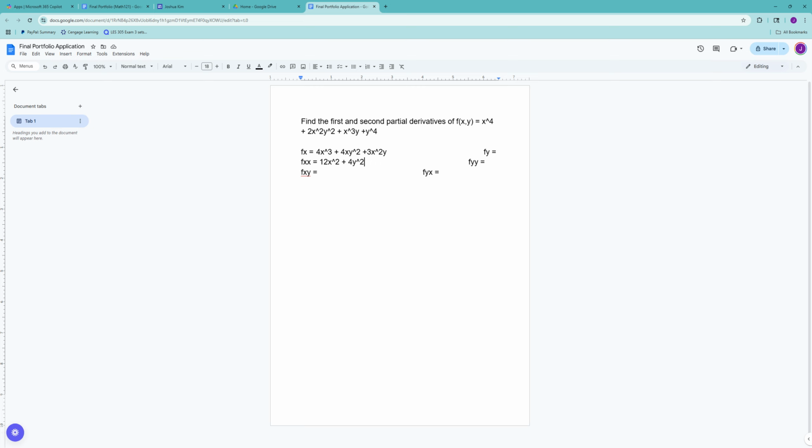And the same applies for this 3x squared y, which would just be 6xy.